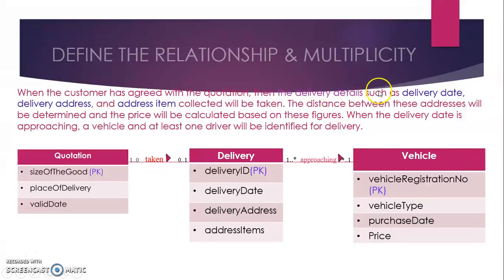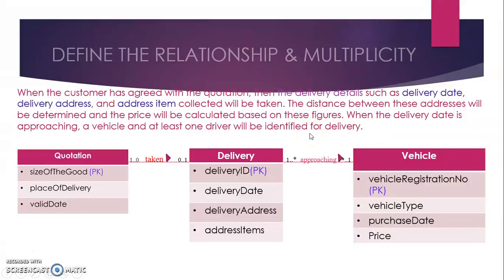Then the distance between these addresses will be determined, and the price will be calculated based on this figure. When the delivery date is approaching, a vehicle and at least one driver will be identified for the delivery.